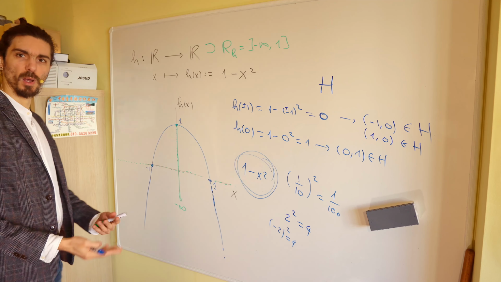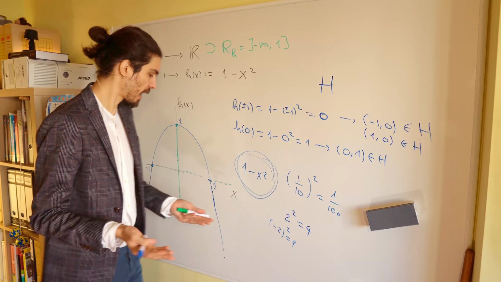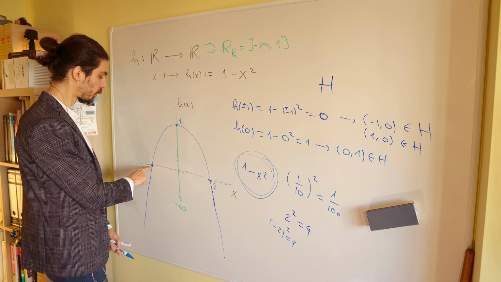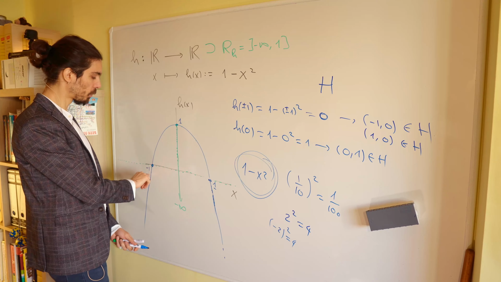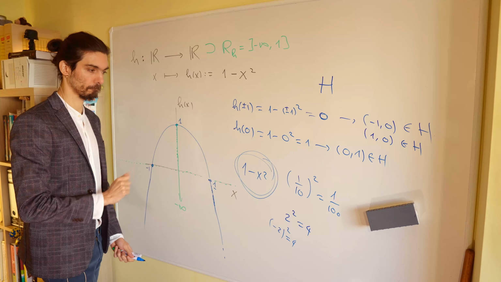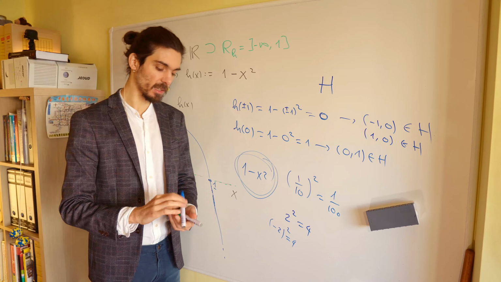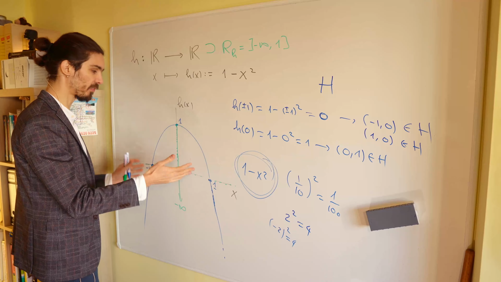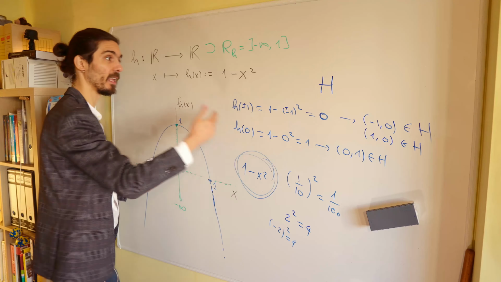So nothing quite relevant actually happens. Where the important thing happens is close to the critical points. So the zeros and the maximum here. Can you see? Where is the top? So this is an important idea to realize, because I only draw the part of H. And at least I drew the important part.